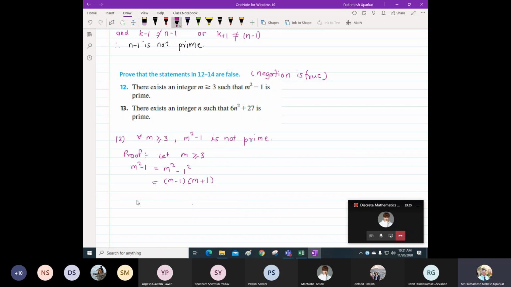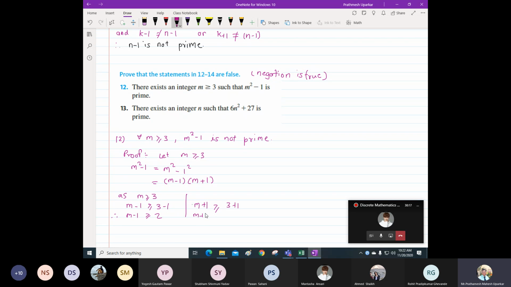अभी अपने पास क्या है? As m is greater than or equal to 3, what is m minus 1? It is greater than or equal to 3 minus 1. Therefore, m minus 1 is greater than or equal to 2. That is one thing. What is m plus 1? m plus 1 will be greater than or equal to 3 plus 1.